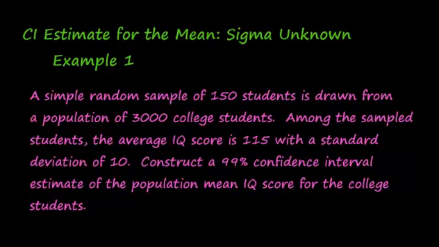It's in the same sentence as talking about the sample. When they say the average IQ score is 115, that's x bar, the sample mean. And it continues in that same sentence with a standard deviation of 10. So I can tell that they're giving me the sample standard deviation and not the population standard deviation.